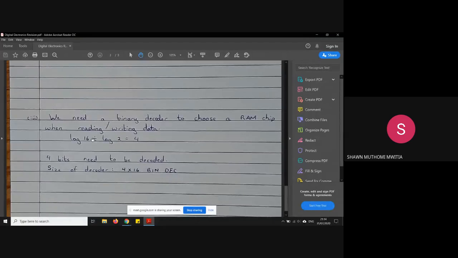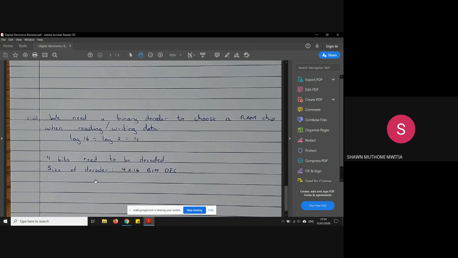So from the 16 output lines, I just did log of 16 divided by log of 2. We get 4 lines that will be needed by that binary decoder to determine which RAM chip will be running. So that's how I got that 4 bits need to be decoded for chip select.